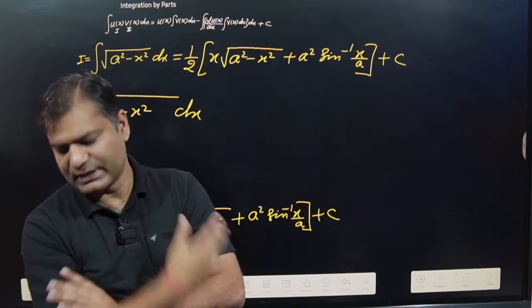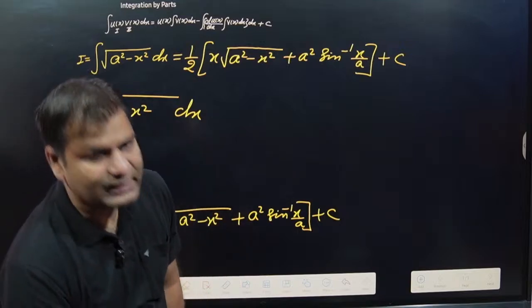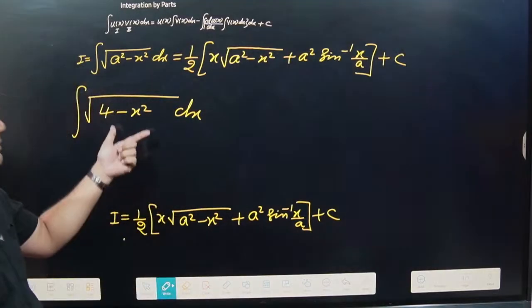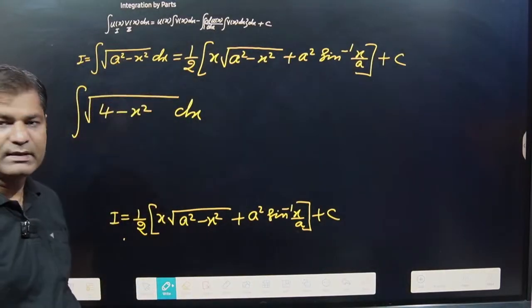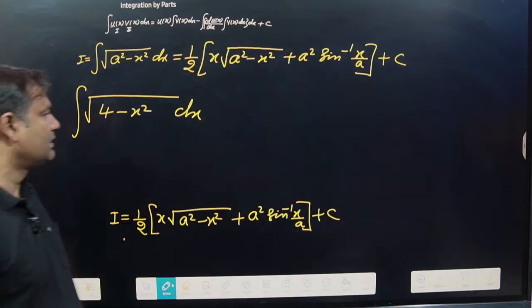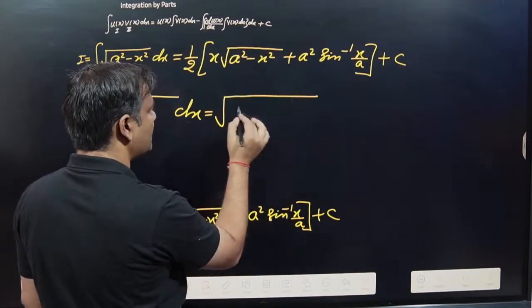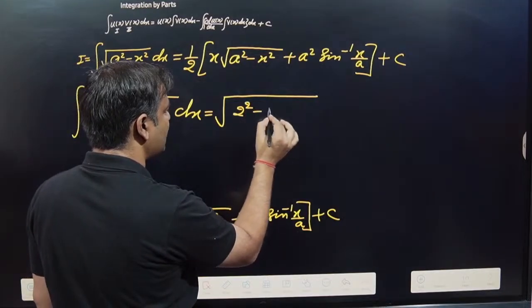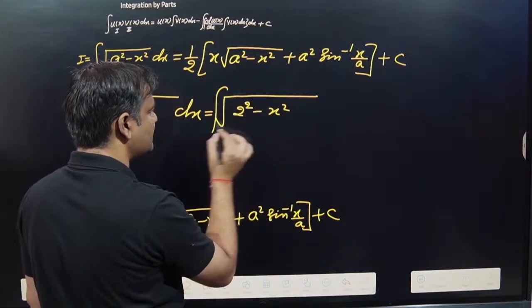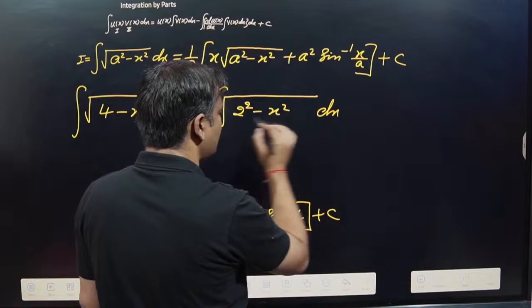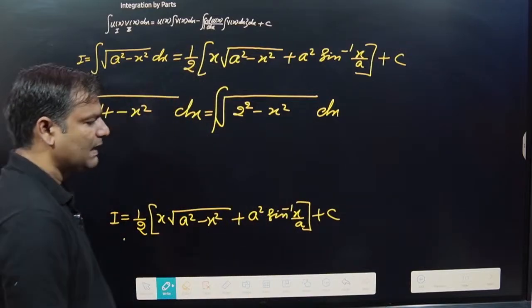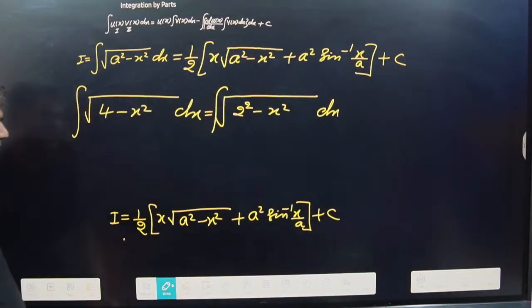Clear? Very clear. So you can compare this question to this formula. How can we compare? Simply this one is 2 square minus x square, so a is basically 2 and x is replaced by x.